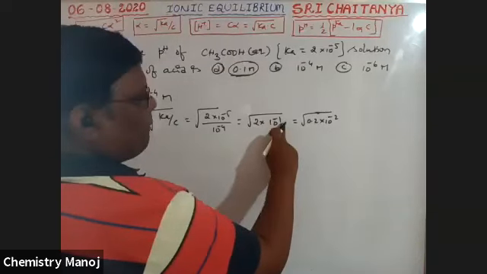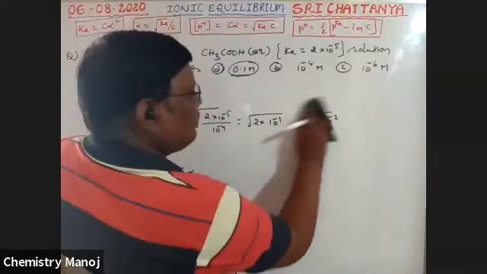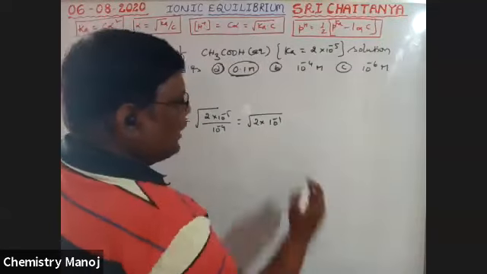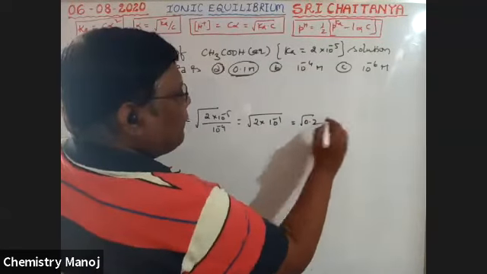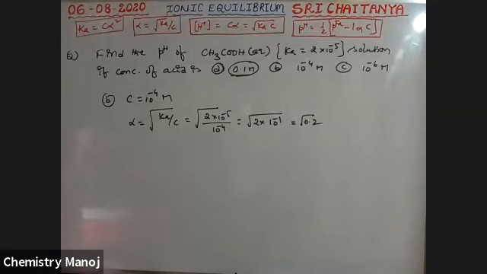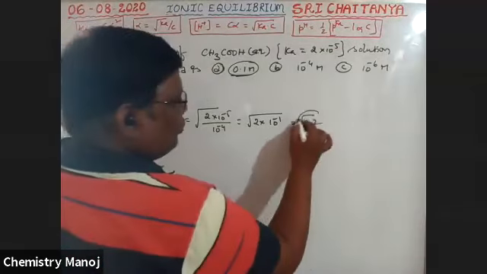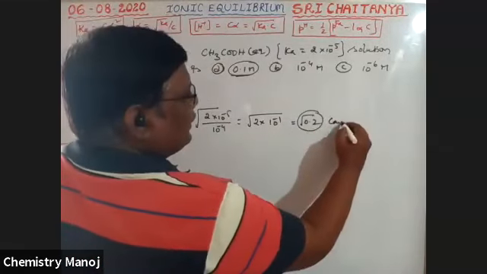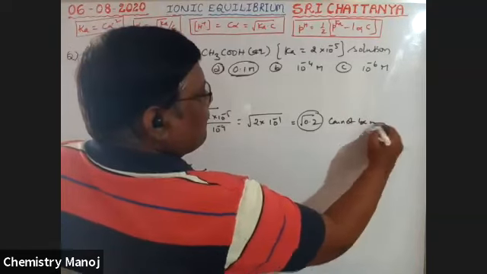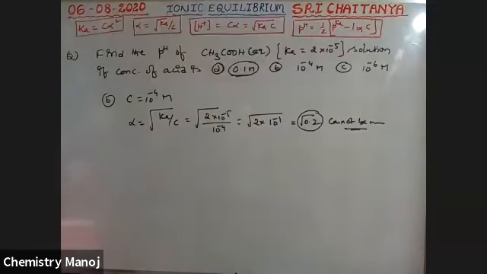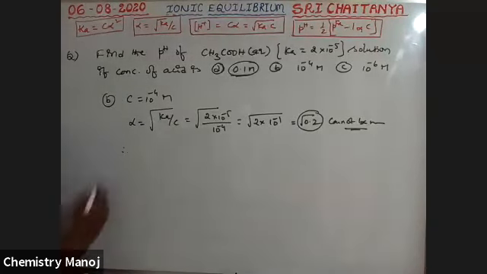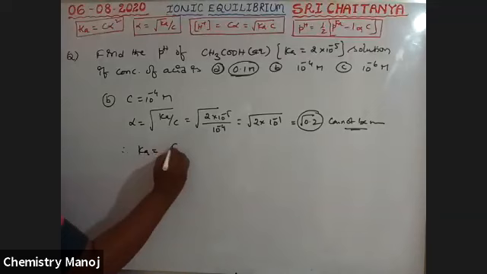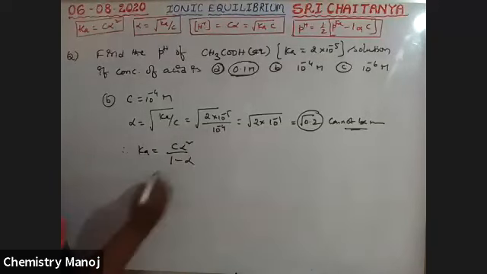The answer is 0.2 root 2. So this is the alpha value, and it cannot be neglected. So something value is there. Therefore Ka is equal to C alpha square by 1 minus alpha should be used.